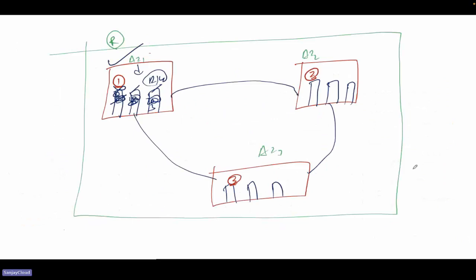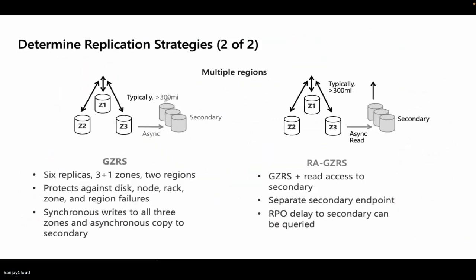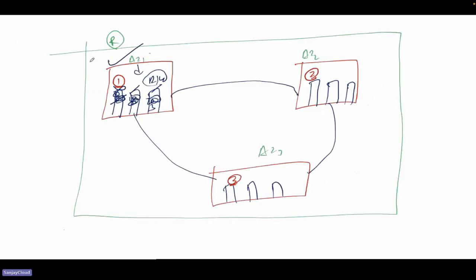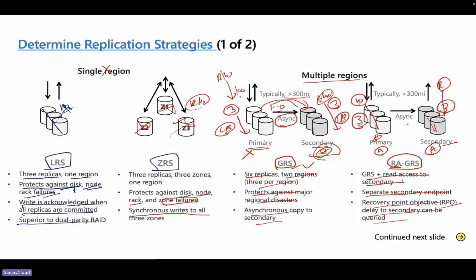Next option, which was recently introduced by Microsoft into replication, GZRS. So previously in GRS and RAGRS, replication in the primary region is similar to LRS, and the secondary region is similar to LRS, correct?